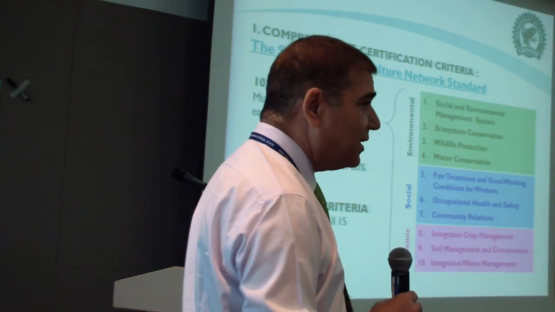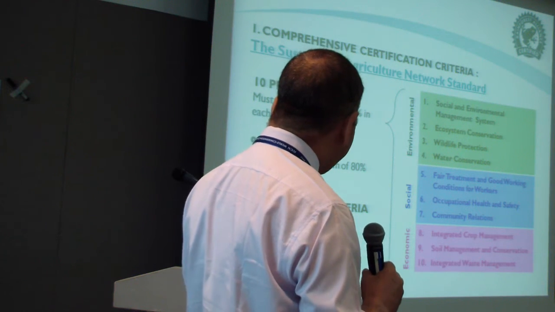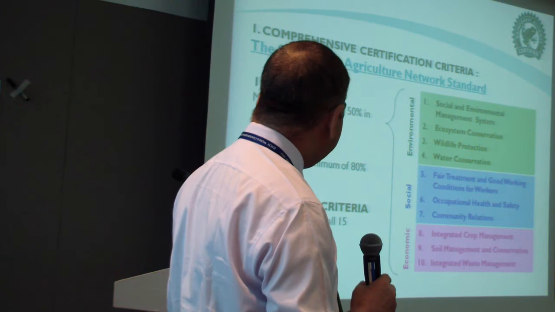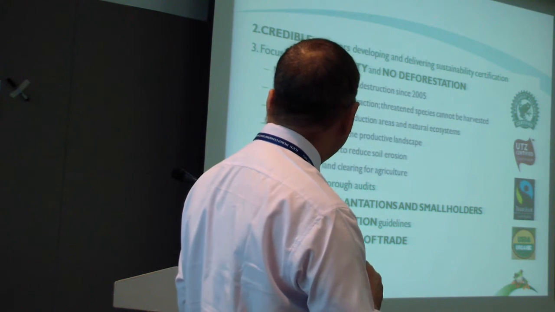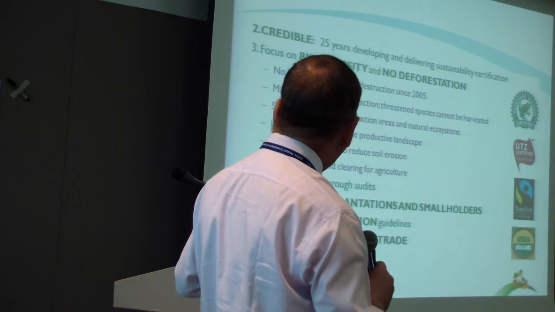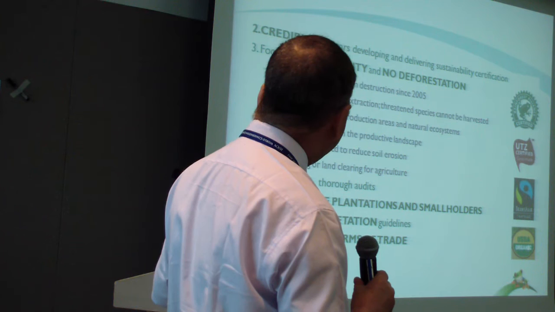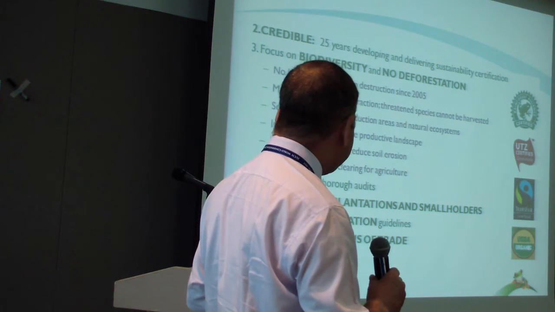Why it is attractive, what is making it so, I think the base of it is the Rainforest Alliance Sustainable Agriculture Network Standard, which is a very composite standard addressing all aspects of sustainability. The strength also comes from the credibility and the focus on biodiversity and no deforestation. It's rigorous.